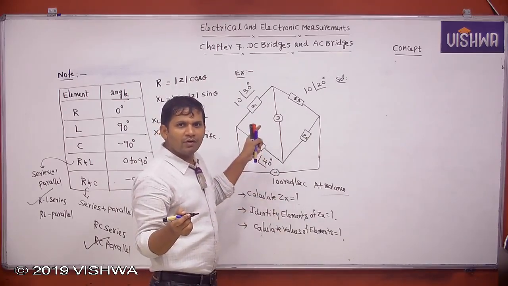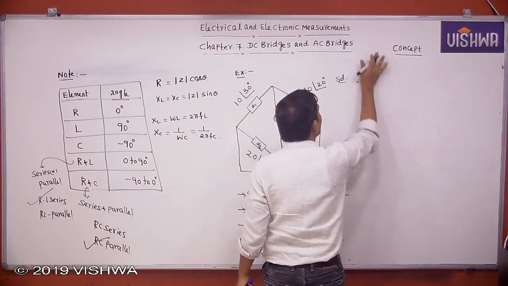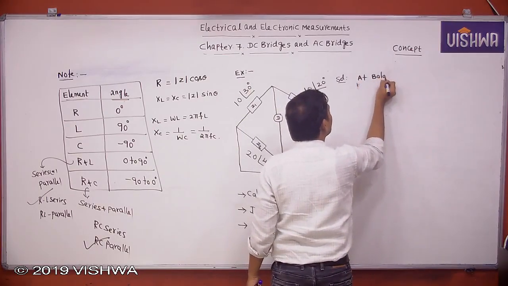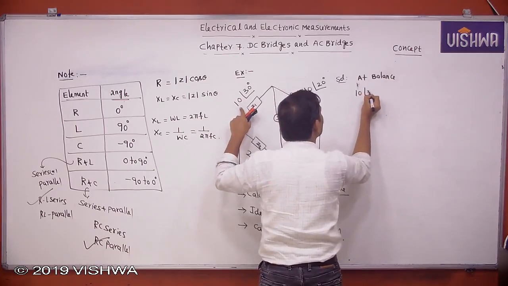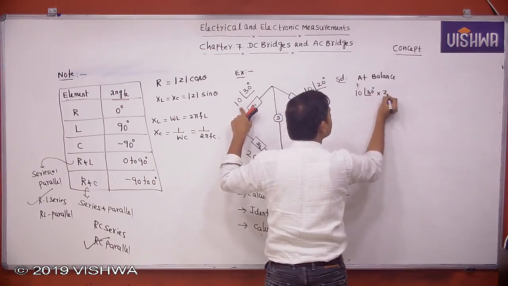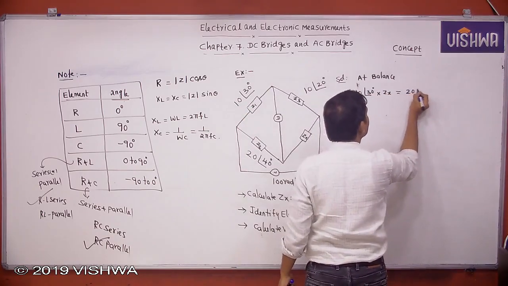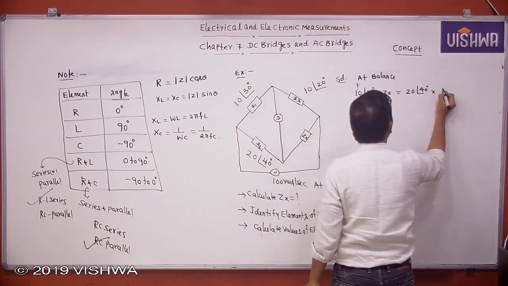Then what is the product of opposite impedance? At balance, 10 at angle of 30 into ZX is equal to 20 at angle of 40 into 10 at angle of 20.